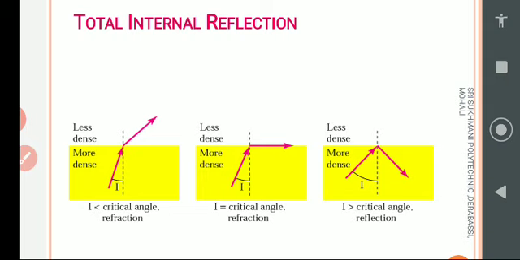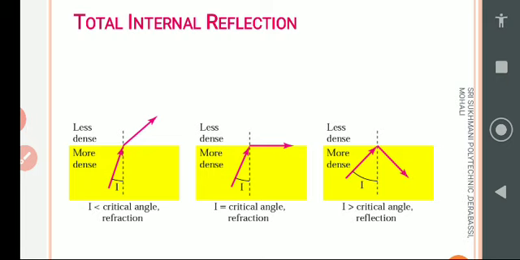So the important thing is, if the angle is equal to the critical angle, the light will go straight. If the angle is greater than the critical angle, the light will be reflected back into the core and will be important for communication.